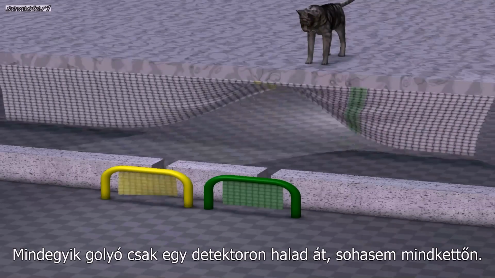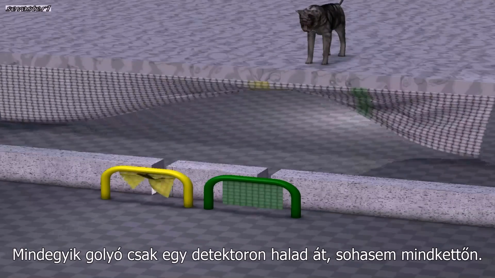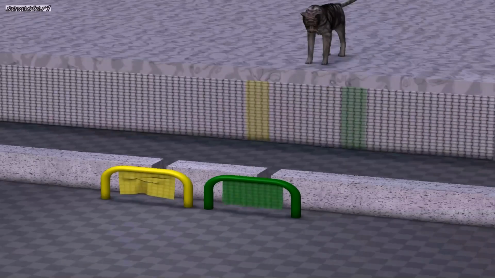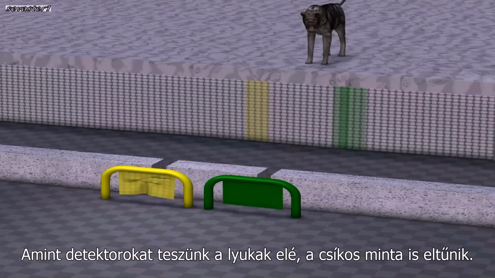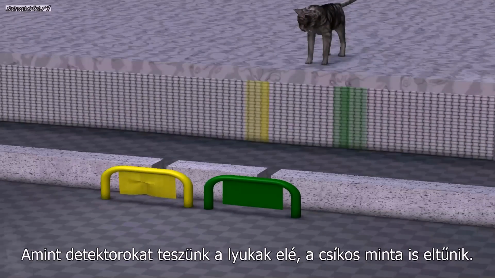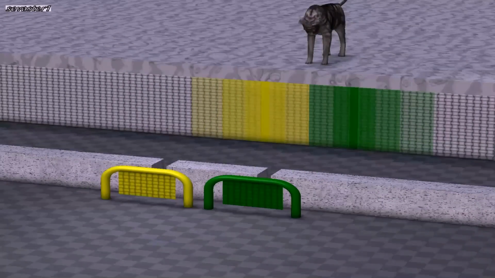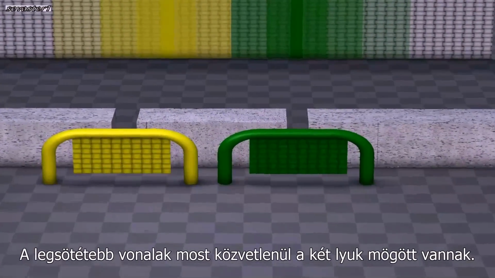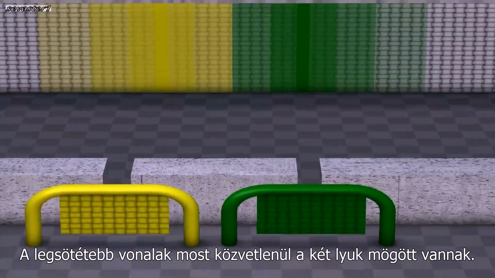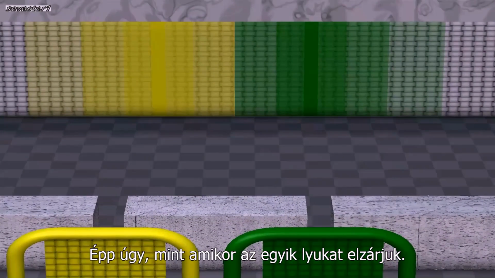Each marble only passes through one detector or the other, but never both. Also, once we place detectors in front of the holes, the striped pattern disappears. Now the darkest lines are directly behind the two holes, just as when we blocked one hole at a time.